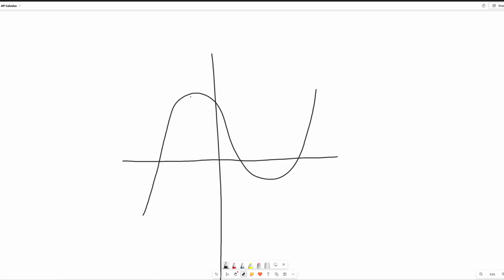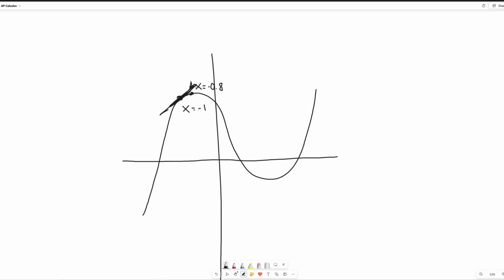If I asked you to write a tangent line at x equals -1 to approximate x equals -0.8, you would draw me a tangent line like this, and then find the value right here of -0.8.